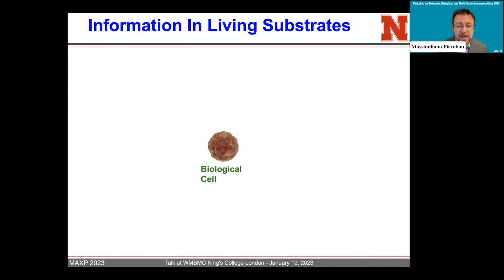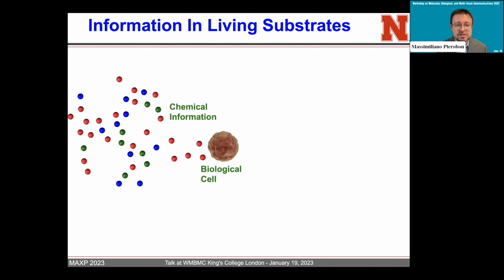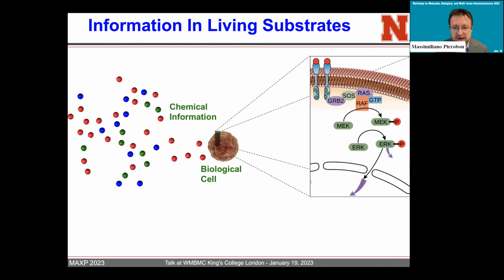So if you take a biological cell and you consider all the chemical information that the cell can actually attain from the environment, and you also consider communication channels that are within the cell, such as the one that creates proteins starting from DNA, or another one that is depicted here, which is a signal transduction channel that takes information from the outside environment, chemical information and also physical information, and transduces that into a message that is meaningful to the cell to elicit a certain response.